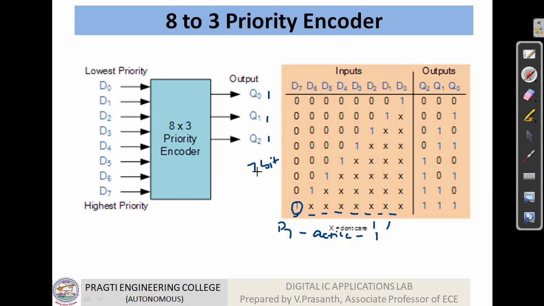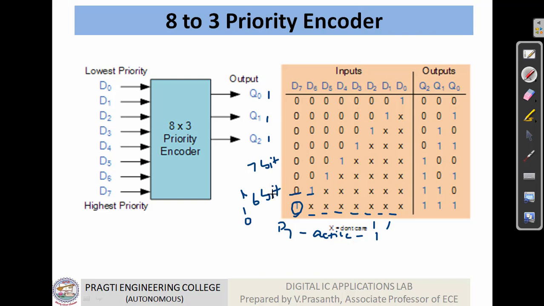Now, the second case: if D7 is not active, it is inactive, 0, and D6 is 1, then whatever may be the cases between D5 to D0, it will present the output 1, 1, 0, which is nothing but the 6th bit.